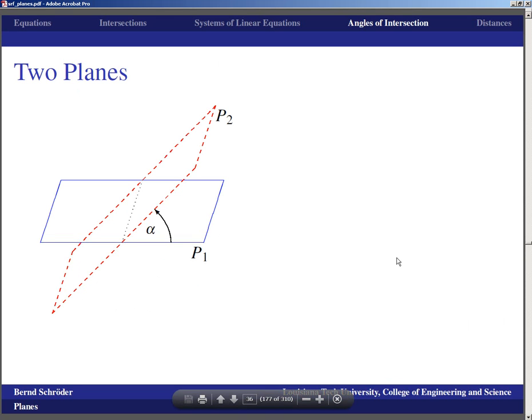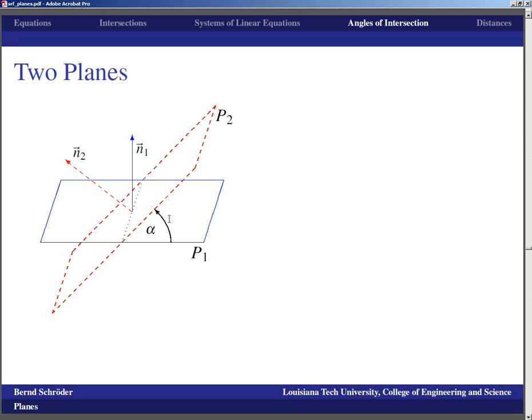Okay, so, well, let's think back. What kinds of objects do we have between which we can compute angles easily? We have vectors. And if we're looking at planes, we can look at the vector equation. We realize the normal vector of the first plane, n1, stands perpendicular to the first plane, P1. The normal vector n2 of the plane P2 stands perpendicular to the plane P2.